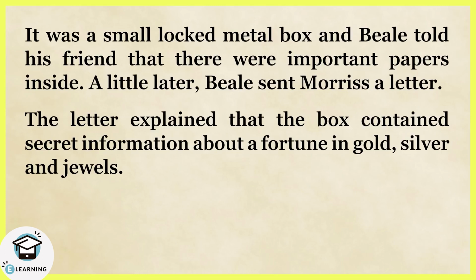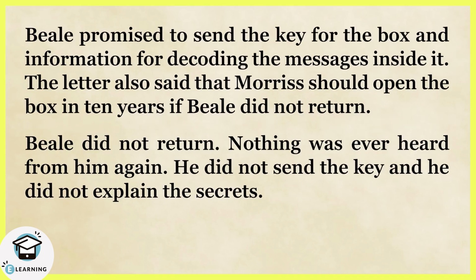The letter explained that the box contained secret information about a fortune in gold, silver, and jewels. Beale promised to send the key for the box and information for decoding the messages inside it. The letter also said that Morris should open the box in 10 years if Beale did not return.